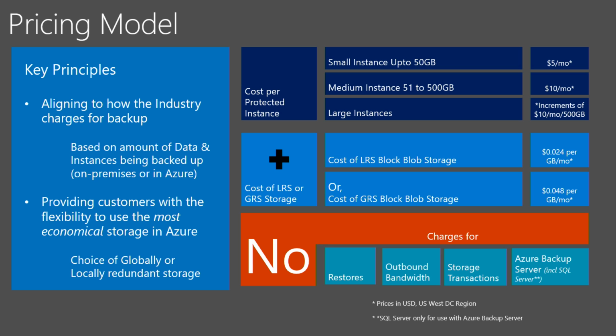All we are doing is incrementally charging for the backup, the management, and storage. Any vendor which comes to your mind which can beat this pricing? The feedback I'm getting from the SMB guys is, this is dirt cheap. We just shipped it last month. There are no charges for restores, outbound data, storage transactions, or the software.